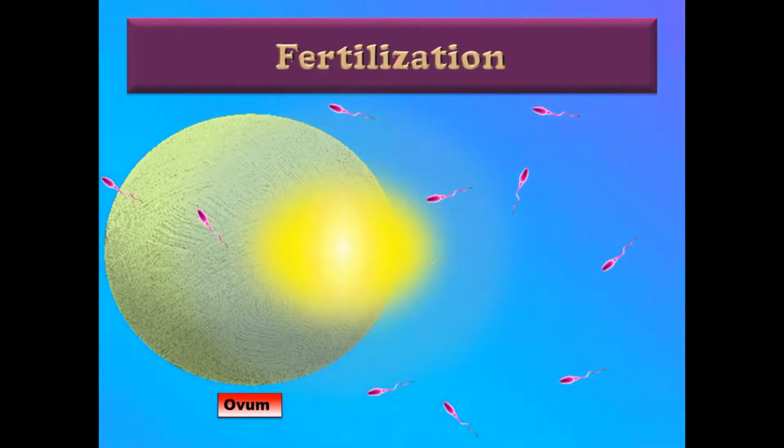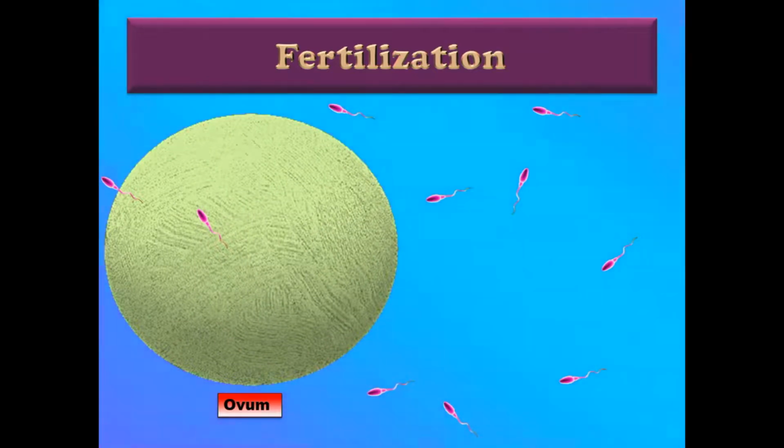As a result, the combination of alleles changes. This causes the expression of characteristics in offsprings that are different from parents. So how is variation possible? By the combination of the two gametes.